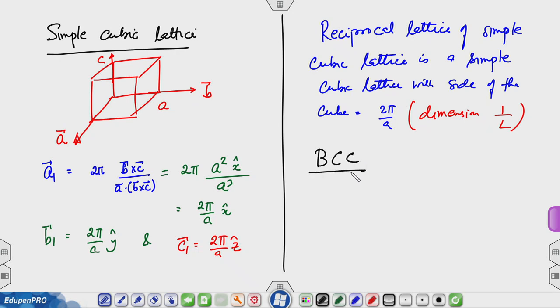In BCC, let me make the unit vectors first.